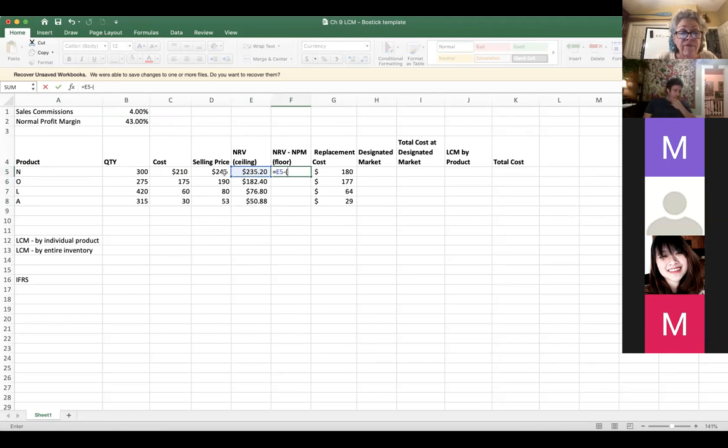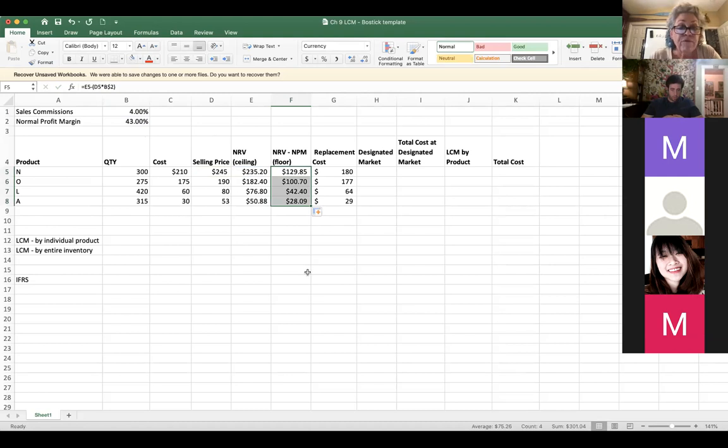My normal profit margin is selling price times the 43%, and I'm going to ground the two so that I can then copy it down. So my floor for each one of the products is the 129.85, the 170 for each one.